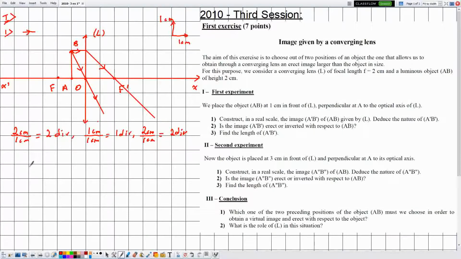So the path of the first ray is given by an incident ray issued from B, parallel to the optical axis, emerges passing through the image focus.